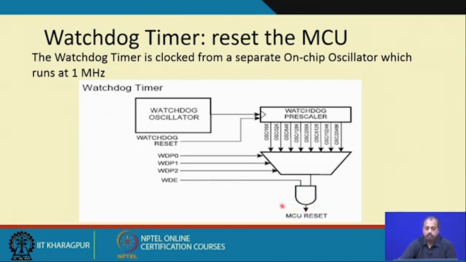When the output is 1, it will be sending a reset to the processor. So, this watchdog timer is useful when we have some activity which was supposed to be complete within some time, but it is not. In those cases, we can have these watchdog timers for doing this operation.